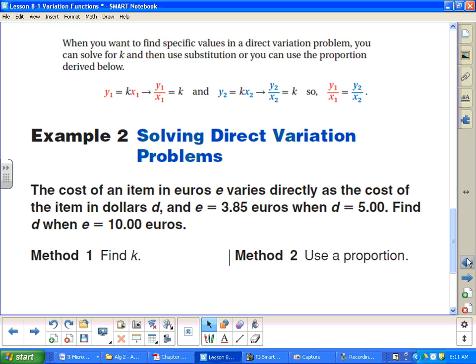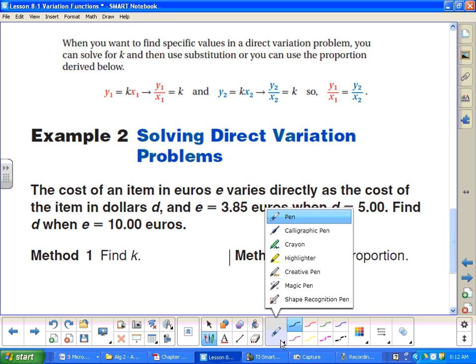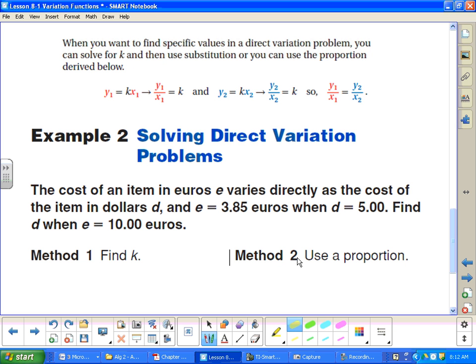Now, when you want to find specific values for a direct variation problem, you can solve for k and then use substitution, or you can use the proportions derived below. So we have two things for direct variation. We have the function rule, y sub 1 equals k x sub 1, or y equals kx.